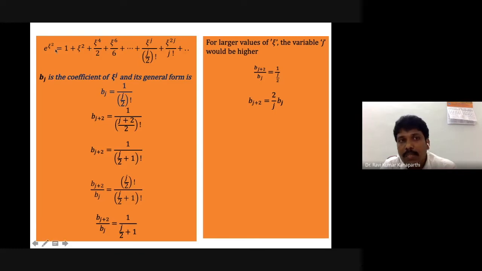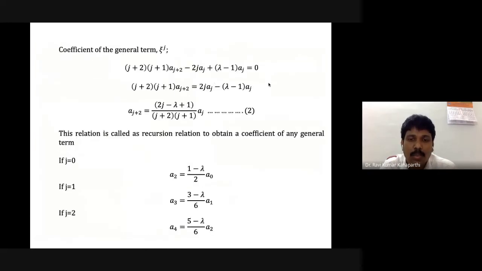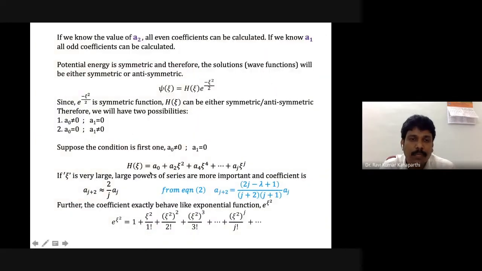This recursion relation is exactly matching with the previous one, where we were talking about even solutions of h of z. h of z is initially introduced as an infinite power series wherein it will have all the terms, but then we understood that the solutions can be classified into symmetric and antisymmetric.